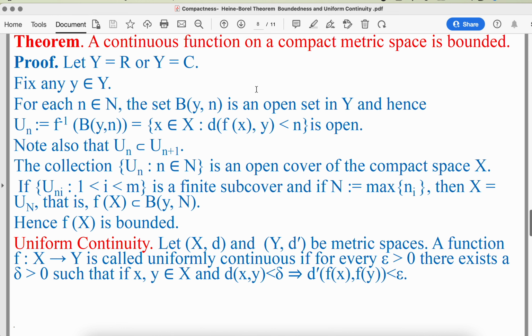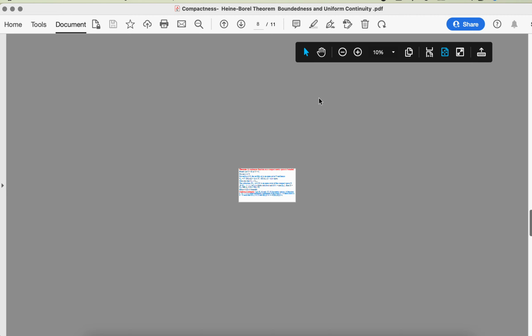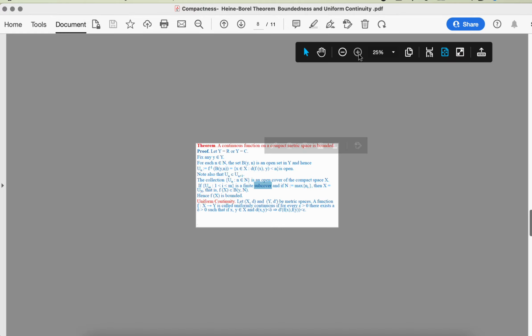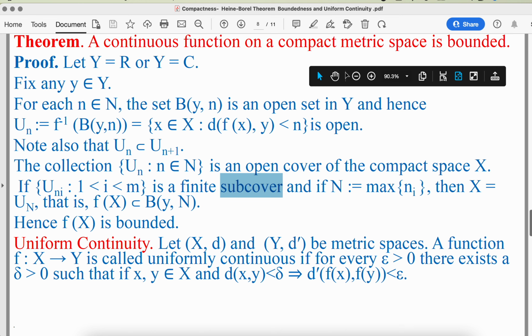Now one more result: a continuous function on a compact metric space is bounded. If a set is compact, then any continuous function on it is bounded.